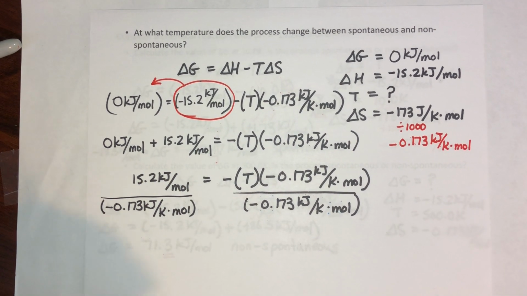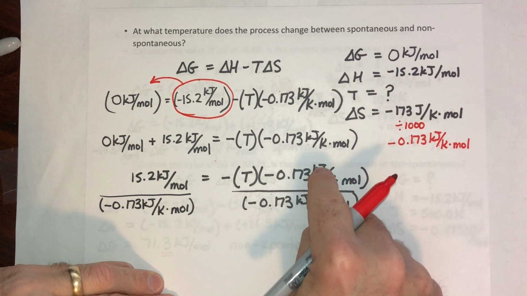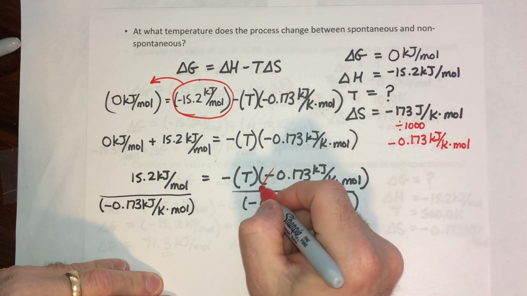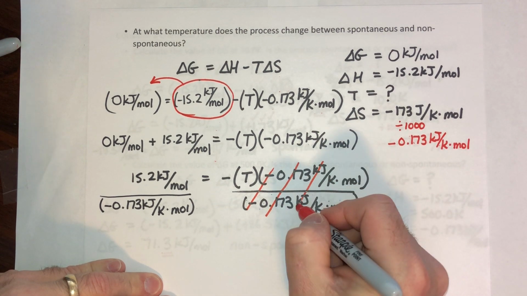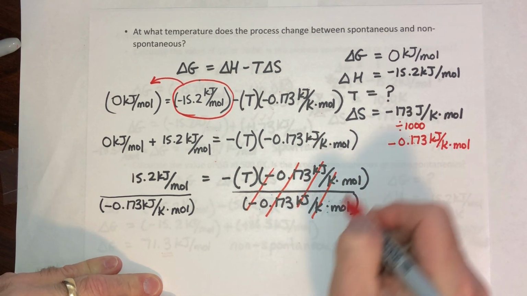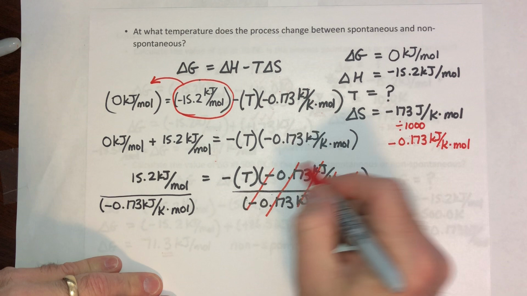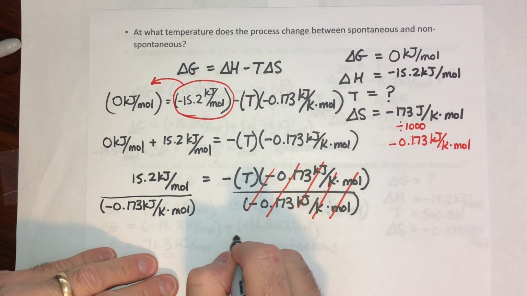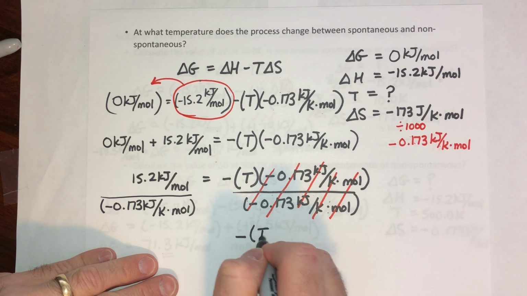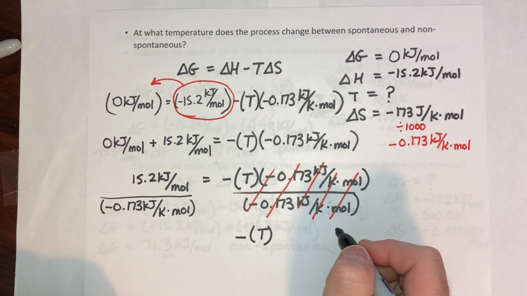And the nice thing is, if you look at the two brackets, they're identical. So the negatives cancel, the 0.173 cancel, the kilojoules cancel, the kelvins cancel, the moles cancel, like everything cancels. The only thing that you're left with is the negative out in front and the T, right? The rest cancel.